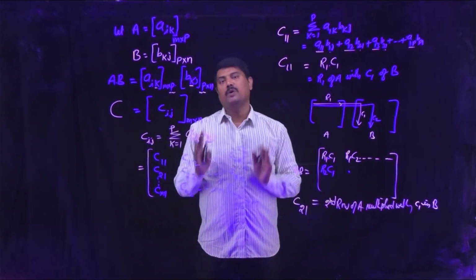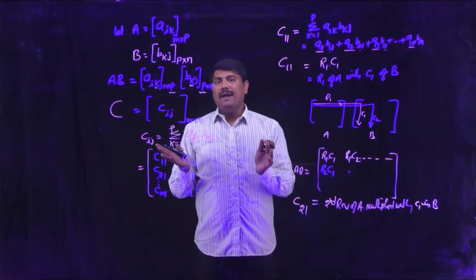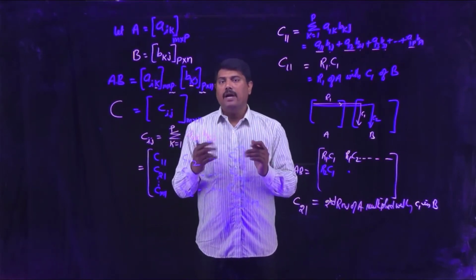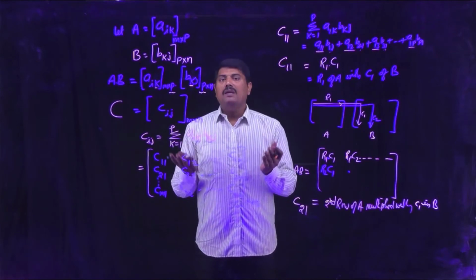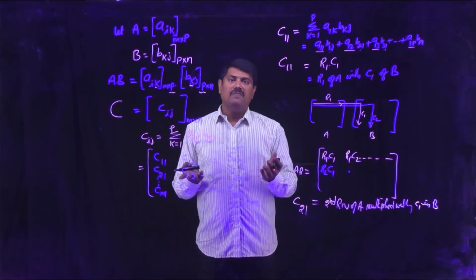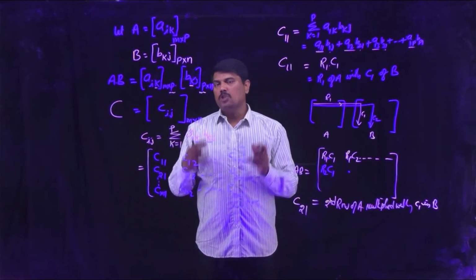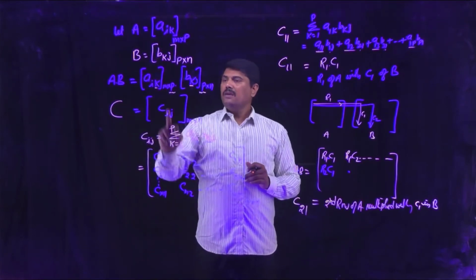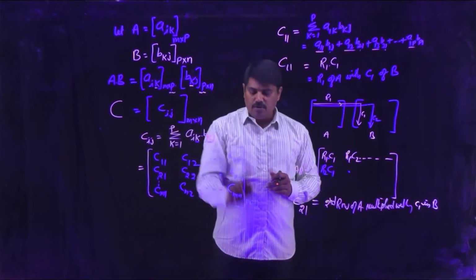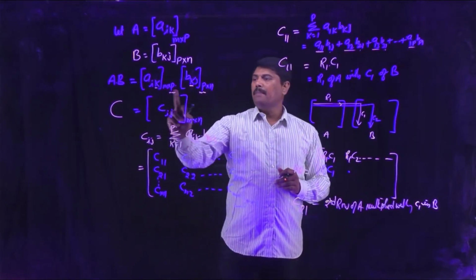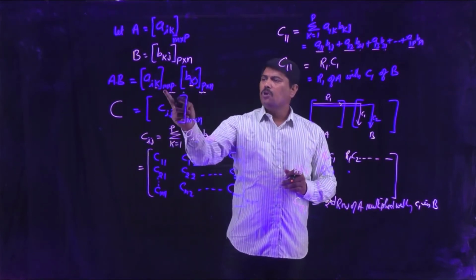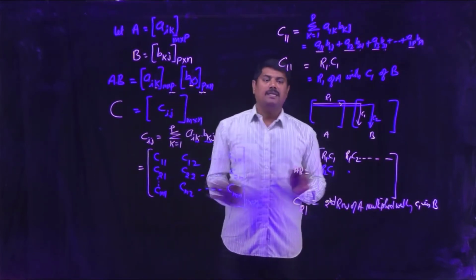The second point is to know the order of the obtained matrix. M by P multiplied with P by N, multiplication is possible, and the obtained matrix is of order M by N.